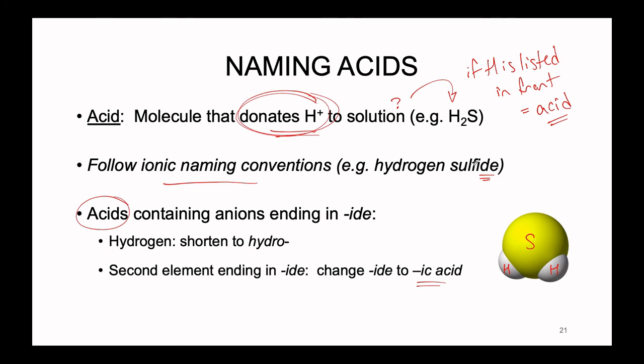So hydrogen sulfide, we're going to drop the second part of hydrogen, we're just going to leave it at hydro, according to this rule. And the sulfide, we are going to drop the IDE and add ic acid.